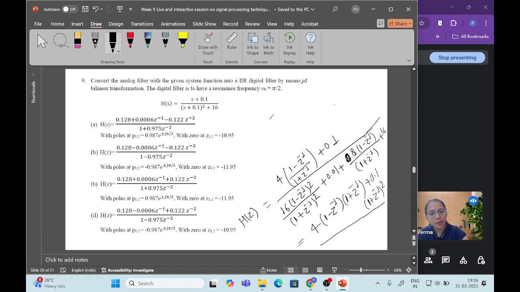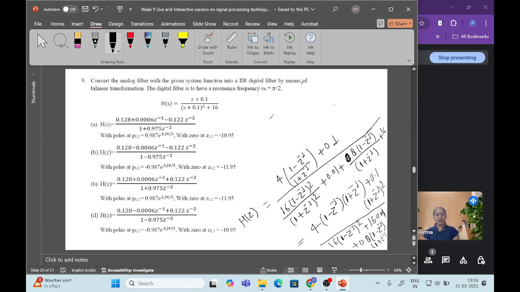Now in the denominator what is left is 16 times (1 minus z inverse) whole square, plus 16.001, or we can take it as 16.01, approximately equal to 16, plus 0.8 times (1 minus z inverse) into (1 plus z inverse).